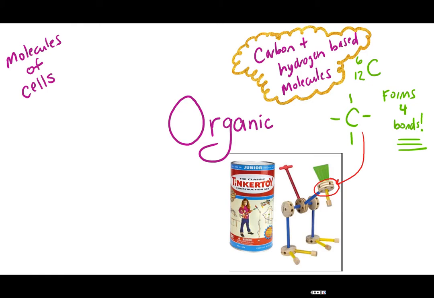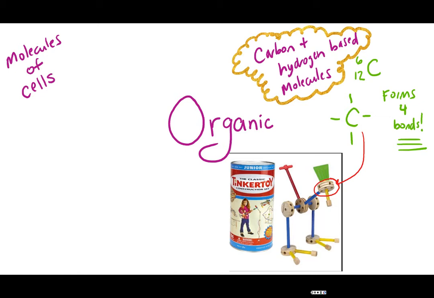To me, when I think about the carbon in our organic molecules, I think about a toy that I played with as a kid, Tinker Toys, and you had a building set and you had these little circular pieces, and then all the sticks go into those circle pieces, and that's the connector piece that's allowing you to build your structures. Carbon is like that center piece because it can make 4 bonds.